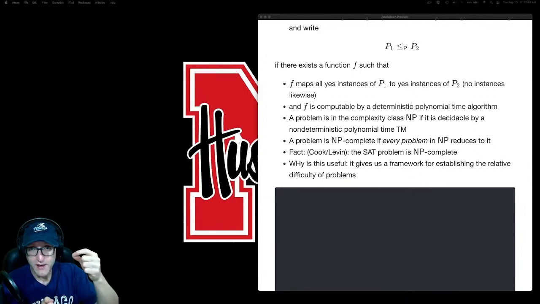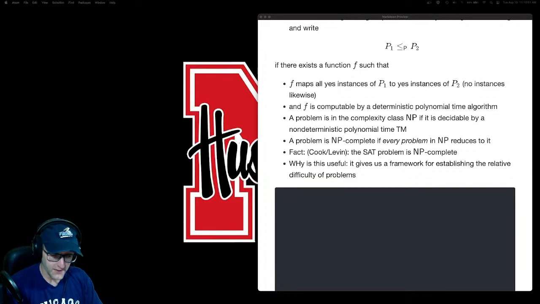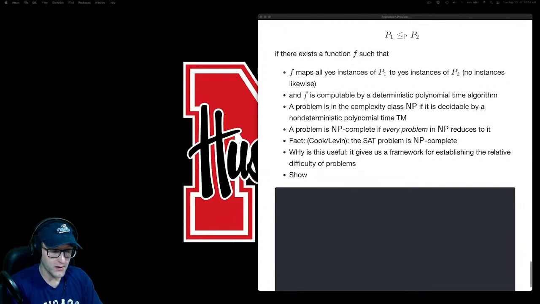And nobody knows how to solve it in a polynomial amount of time. Let me write that down. Showing that a problem is NP complete gives you evidence that it is very difficult.